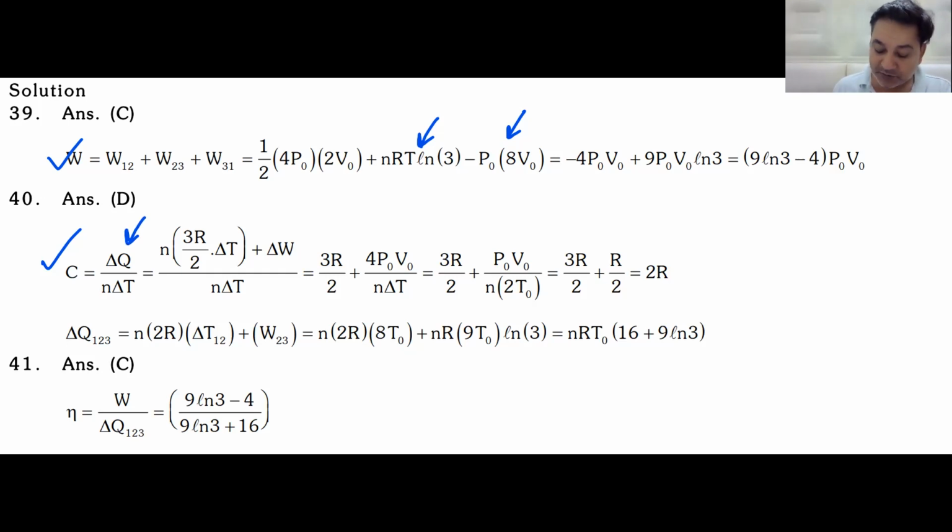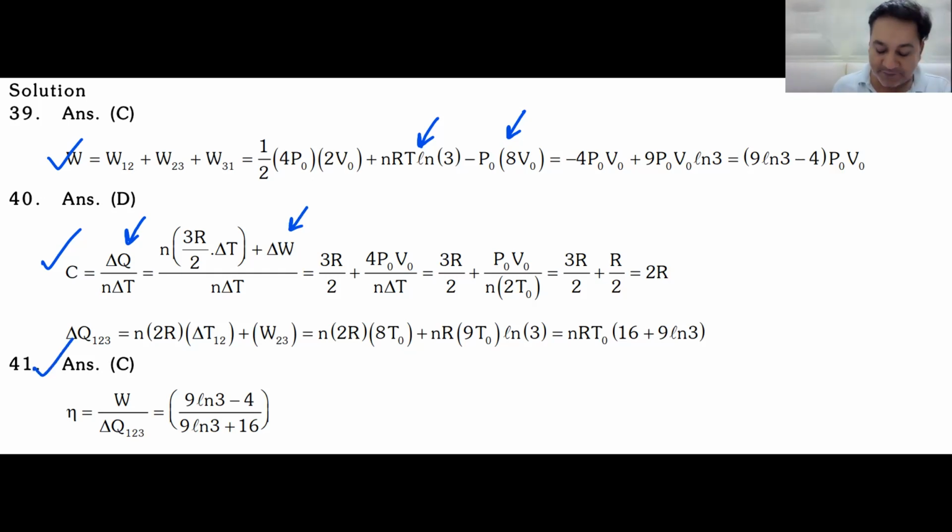When I calculate heat capacity, delta Q is 3R by 2 dT plus dW. Yeah. You got it.